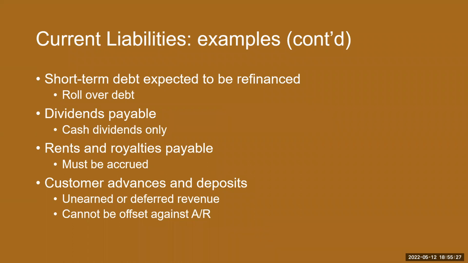But if I have a customer that has paid more than they owe, or a customer that has paid money in advance, we cannot offset the credit balance sitting on that particular customer's account against the rest of the accounts receivable. We have to separate them out and report the customer balances with a credit balance as a liability, right? As part of deferred revenue or unearned revenue. Cannot offset against accounts receivable.